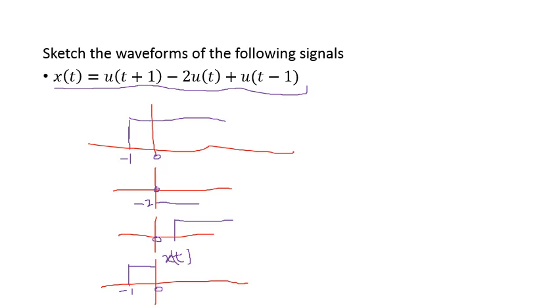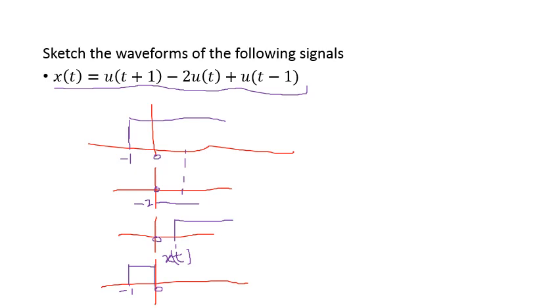Again, from 0 this signal is 1, and from 0 to 1, this signal is 1 and this signal is -2. So 1 -2, you get -1.